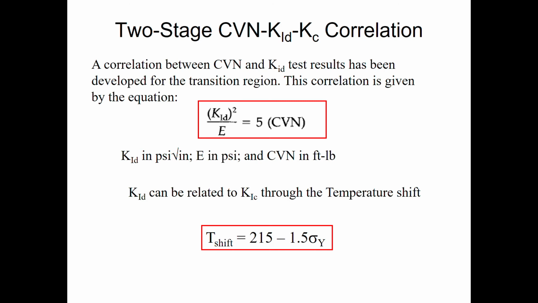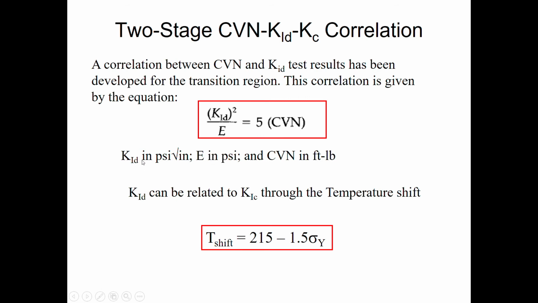This is the two-stage CVN K1D and KC correlation. A correlation between CVN and K1D test results has been developed for the transition region. This correlation is given by the equation K1D squared divided by E, where E is the Young's modulus of each material, equal to 5 CVN.